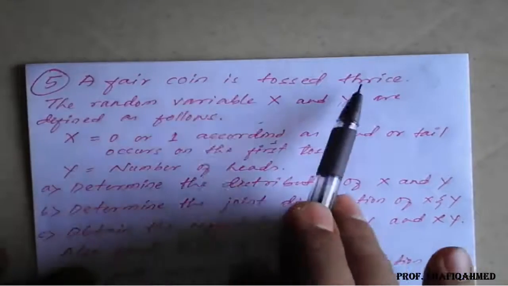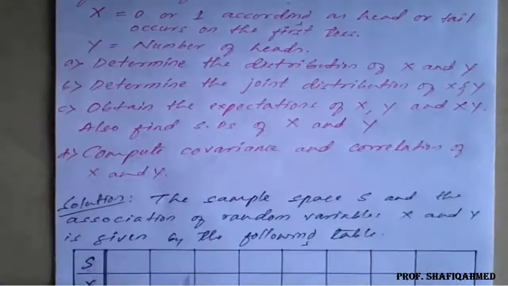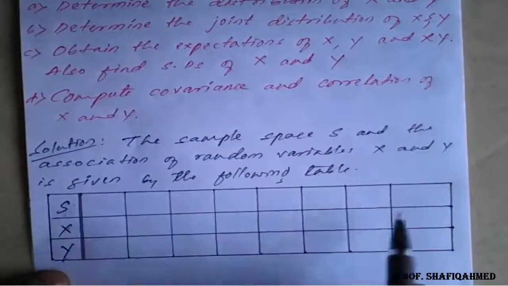A fair coin is tossed thrice, so first we need to write the sample space. I have prepared a table.